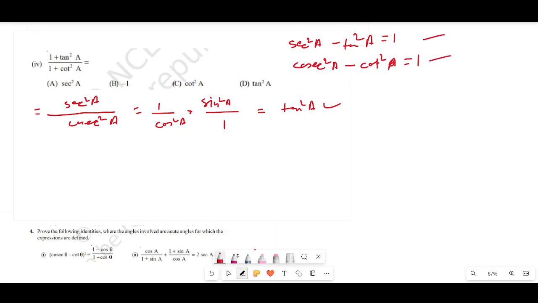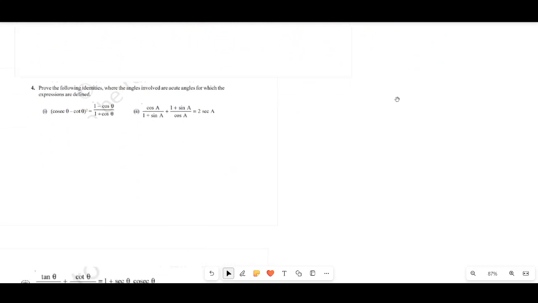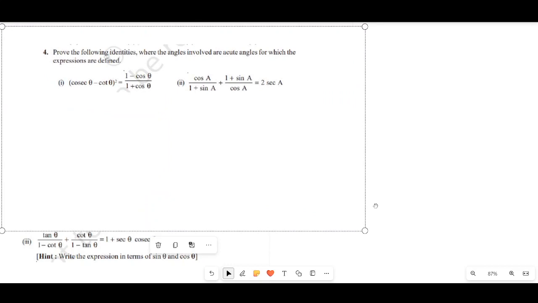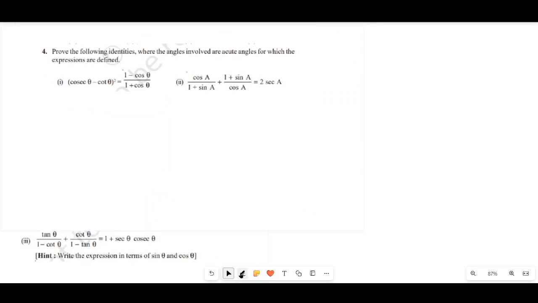Clear? Now we should move on to the fourth part of the question. Fourth question: (cosec theta minus cot theta) square equal to (1 minus cos theta) upon (1 plus cos theta). So don't worry about this, here we can solve.